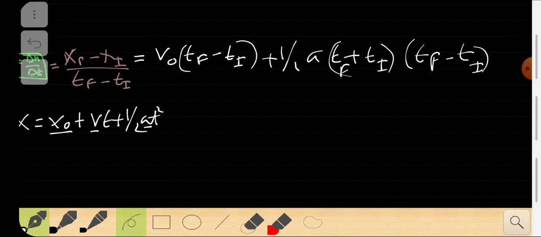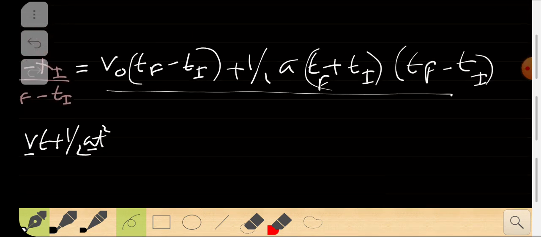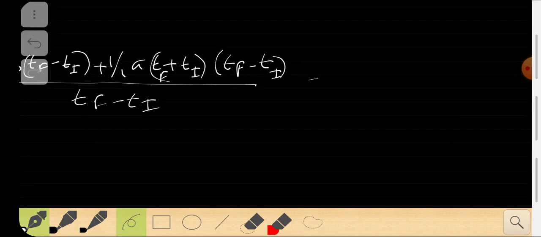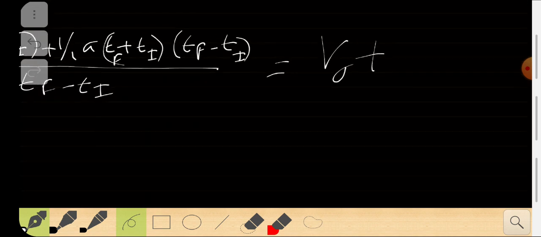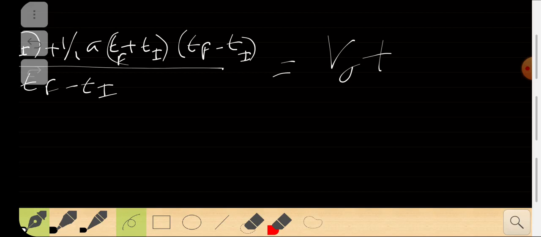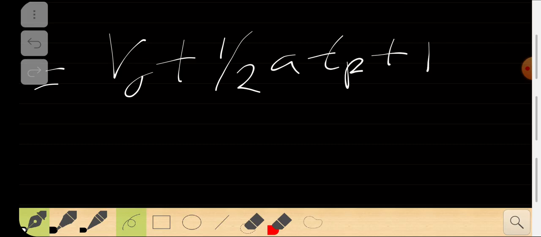Now if you divide that by t final minus t initial, what you get is v0 plus half a times t final plus t initial.